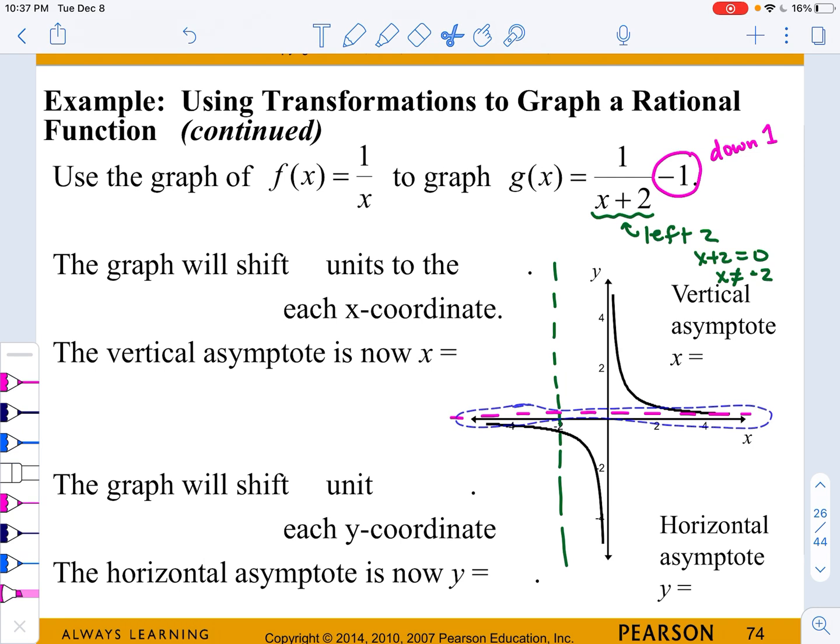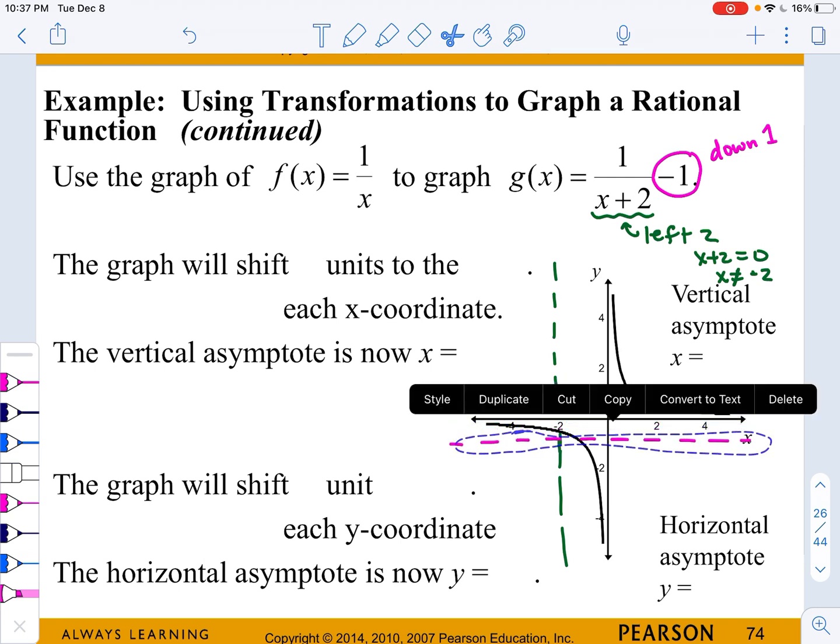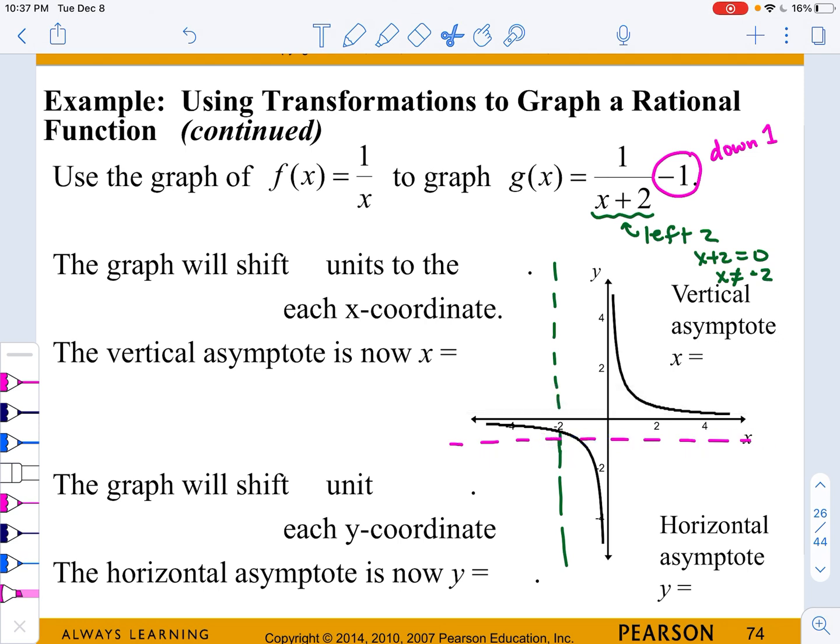I'm going to take that and just shift this down 1 space. And now my horizontal asymptote and my vertical asymptote have shifted. So our vertical asymptote would have shifted to x is equal to -2.